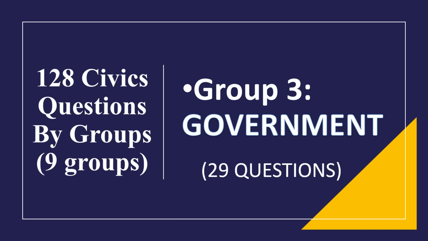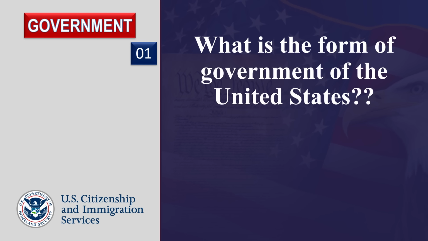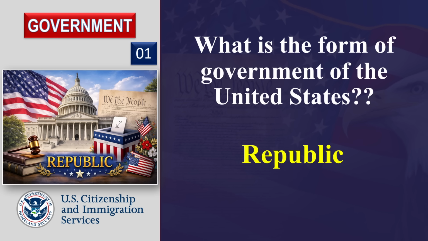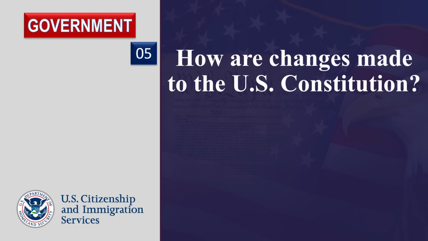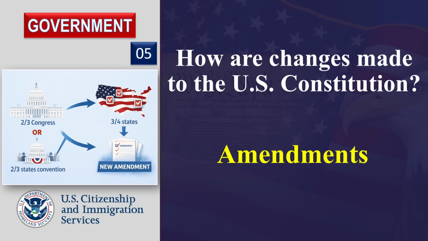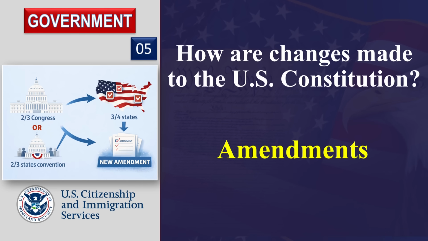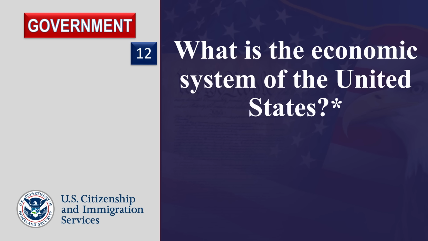Group 3, Government. What is the form of government of the United States? Republic. How are changes made to the U.S. Constitution? Amendments. What is the economic system of the United States?